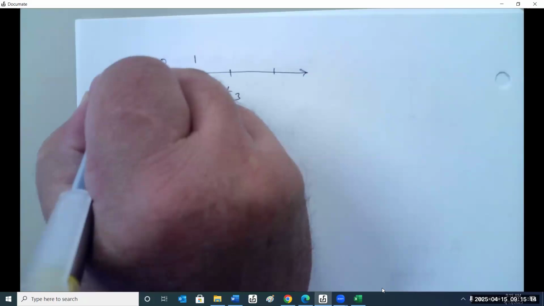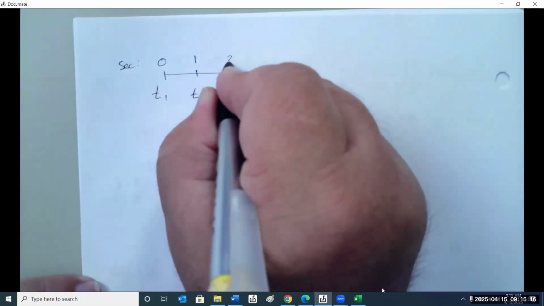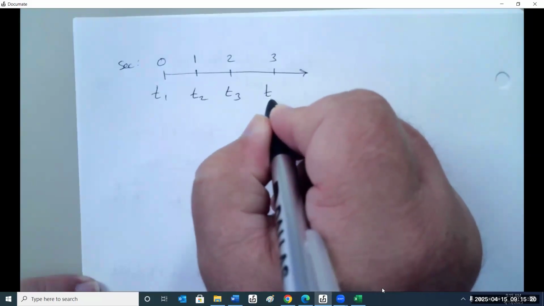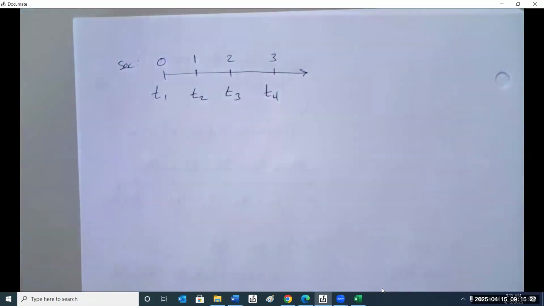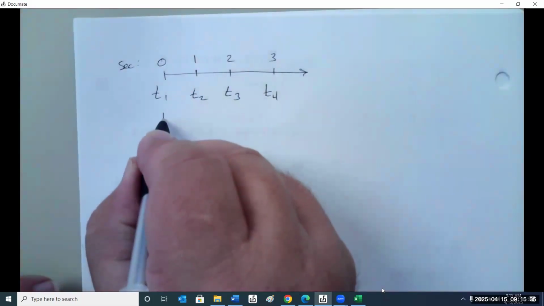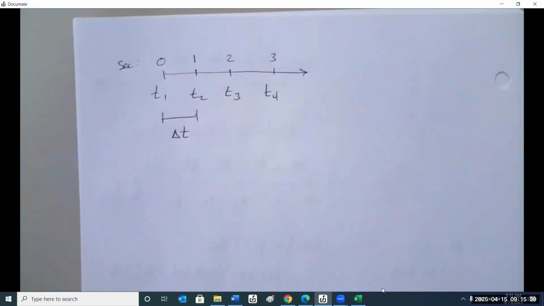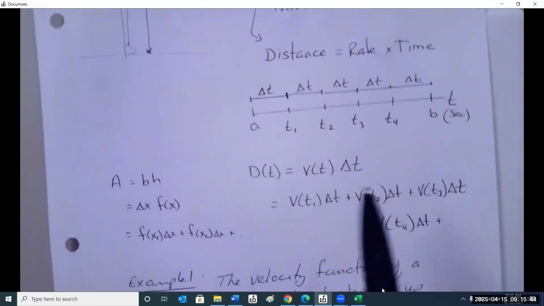This is the seconds: 1, 2, 3. We're looking at time. Why do we need to know time? Because what is our delta t? So remember, our formula said we have to have delta t.